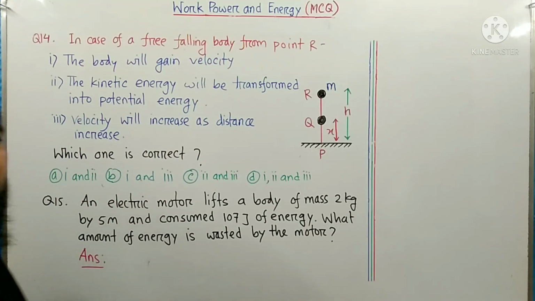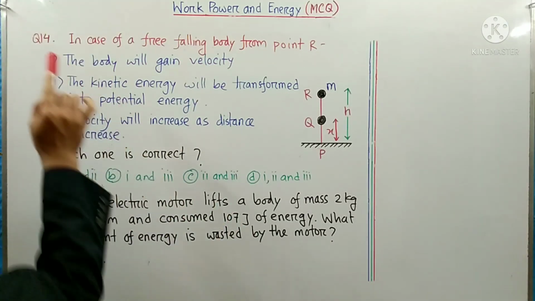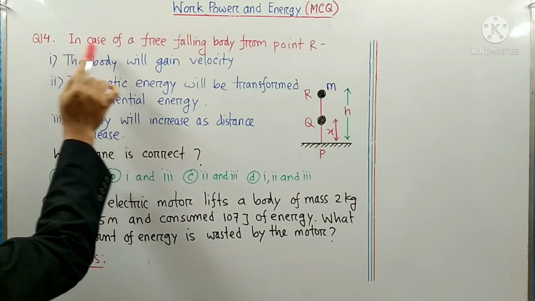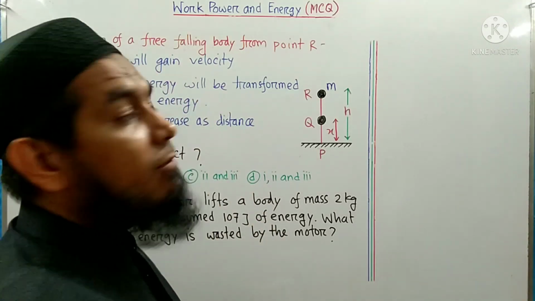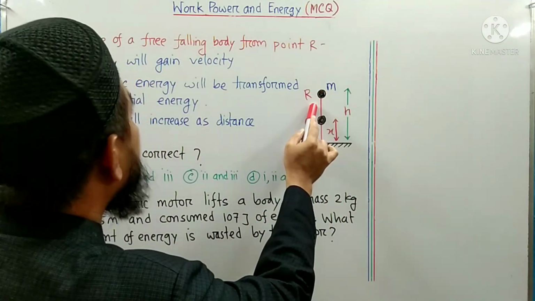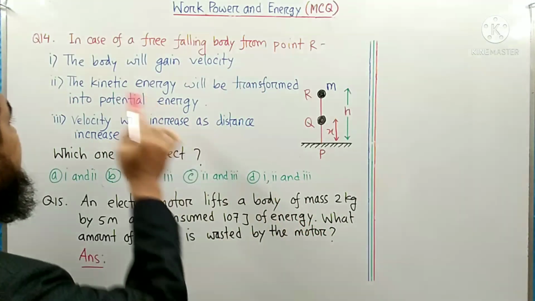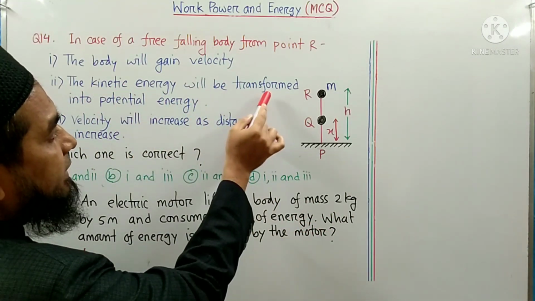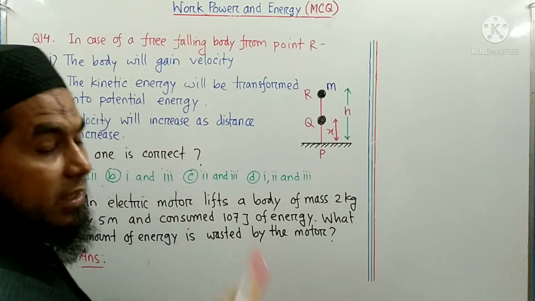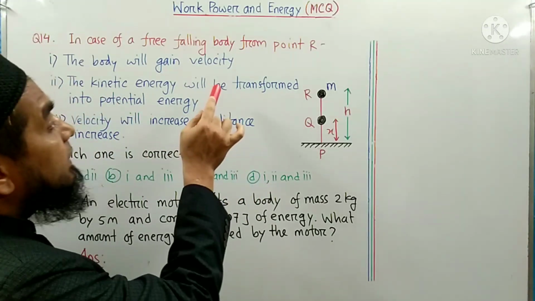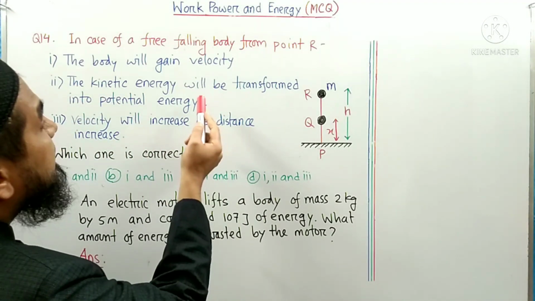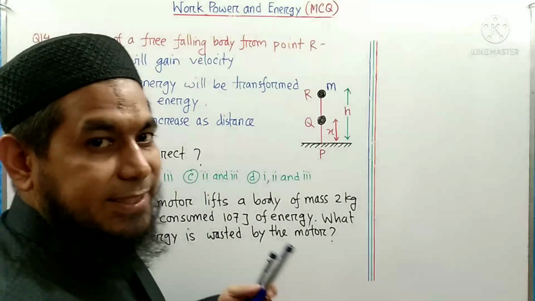Okay, dear students, next question 14. In case of a free falling body from point R, the body will gain velocity. Obviously the kinetic energy will be transformed into potential energy. No, this is wrong. The potential energy will be transformed into kinetic energy.